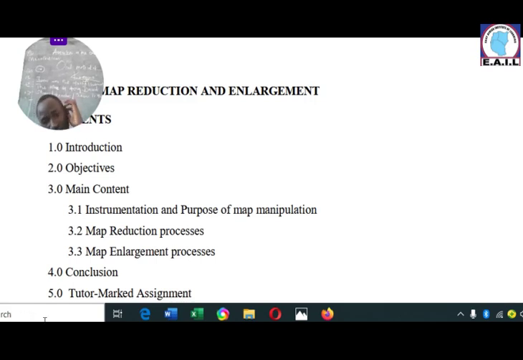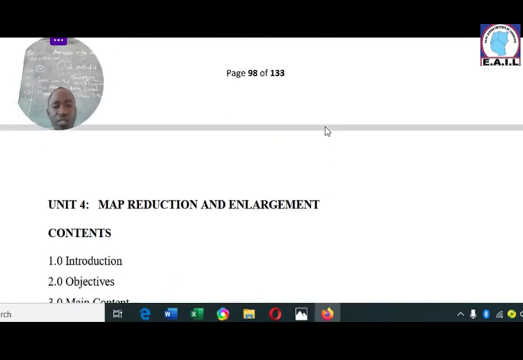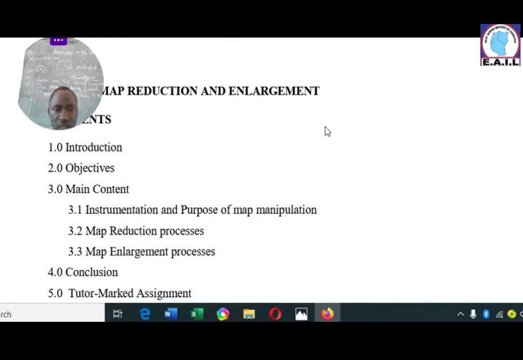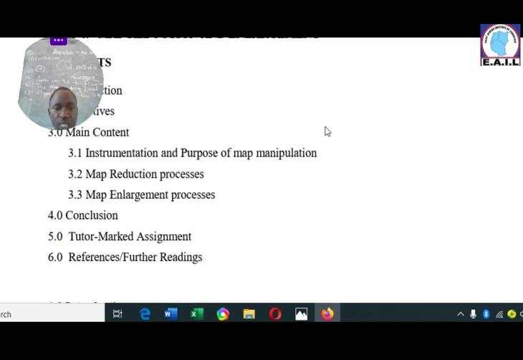There we have our content, our major emphasis or context. We shall be having the introduction, objectives, main content, instrumental, and the purpose of multiplication.